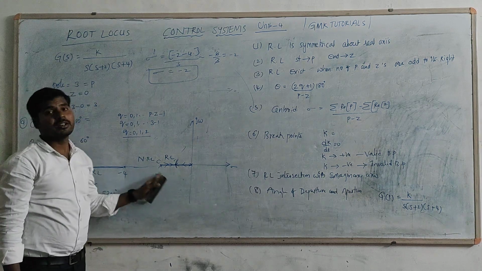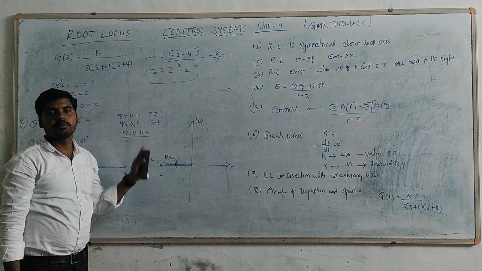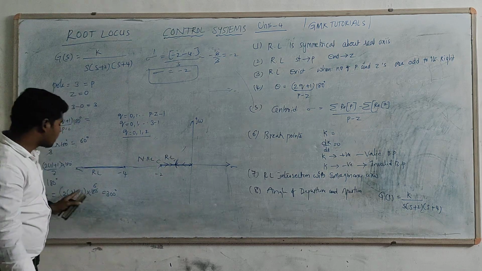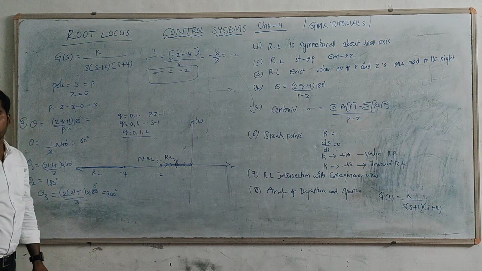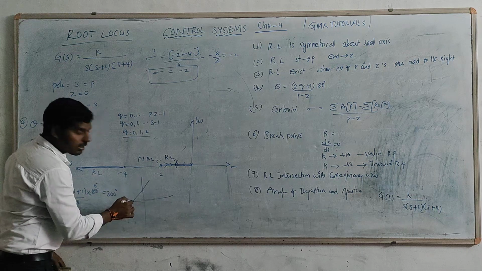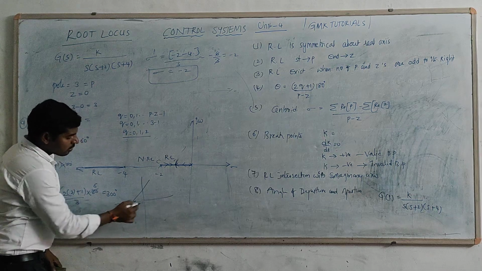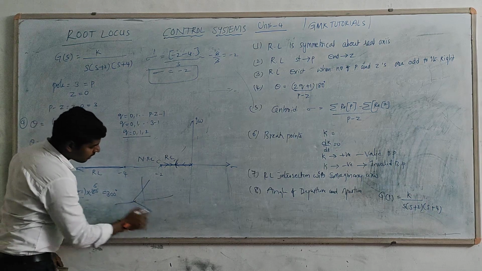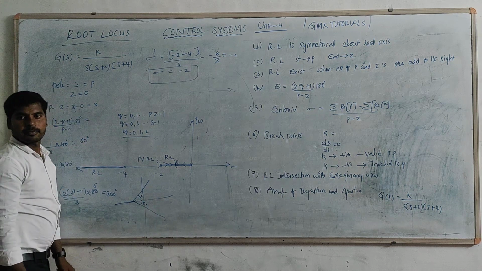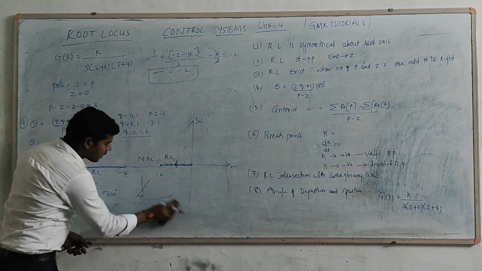From the centroid, all asymptotes approach infinity with an angle of 60 degrees, the second one with 180 degrees and the third one with 300 degrees. Obviously it follows a symmetrical nature: 60, 180, and 300 is nothing but minus 60 with 360.